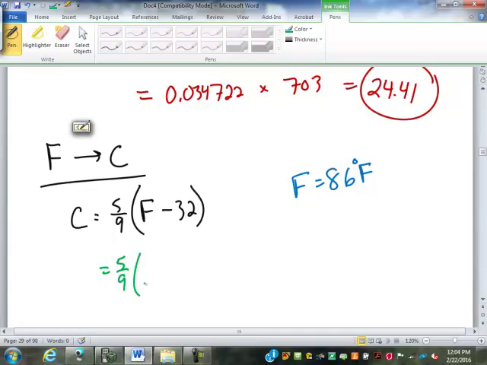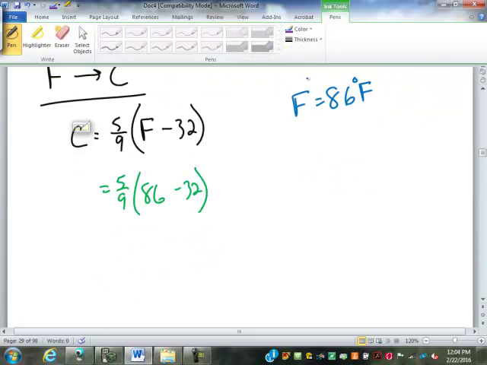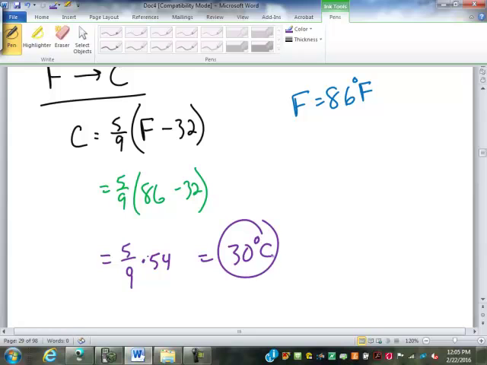So we're just going to replace F with 86 here, and order of operations takes over again. Inside the parentheses, we have to subtract. 86 minus 32 is 54. Parentheses down to a single number, so we'll take them out and put in our multiplication. 5/9 times 54 is 30. So that is a 30 degrees Celsius day with 86 Fahrenheit.